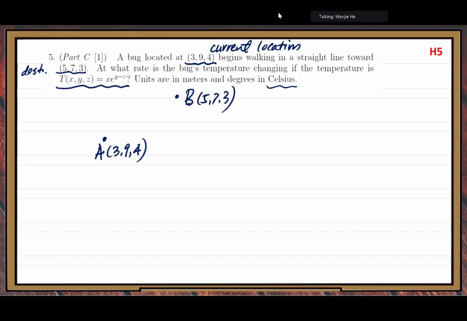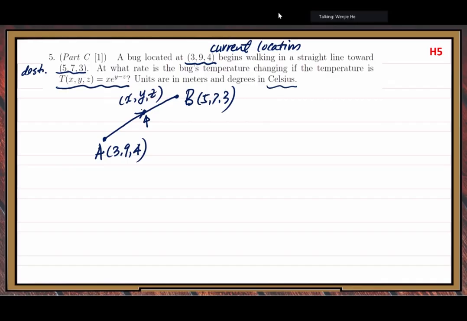Then we need to draw a straight line. So then we need to represent when the point moves from A to B at any point in the middle. So let's assume the arbitrary point in the middle, X, Y, Z, right?